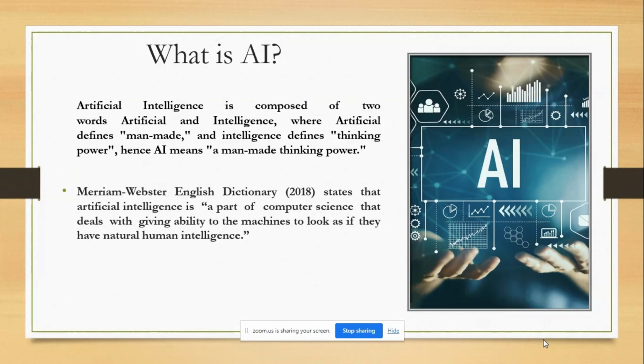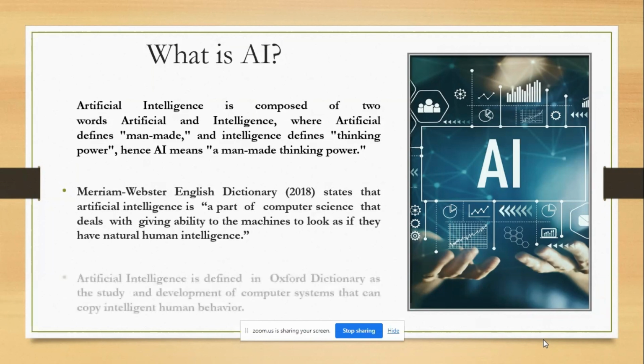According to the Oxford Dictionary, artificial intelligence is defined as the study and development of computer systems that can copy intelligent human behavior. As you know, the artificial intelligence or AI boom is happening all over the world, and it is accelerating really quickly these days.